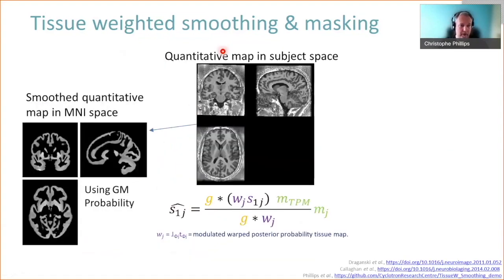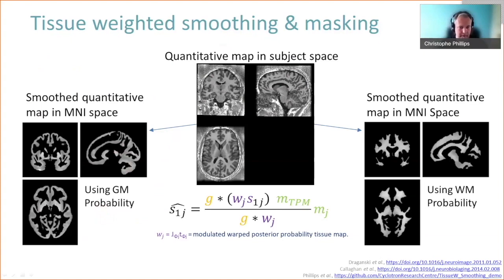You would start with a quantitative map in subject space. After warping it into some reference space like the MNI space, and using the associated gray matter probability map, one can specifically smooth the signal within the gray matter compartment. And if it works with gray matter, it also works with white matter, which is another advantage of quantitative MRI, is that we can study both gray and white matter tissues.